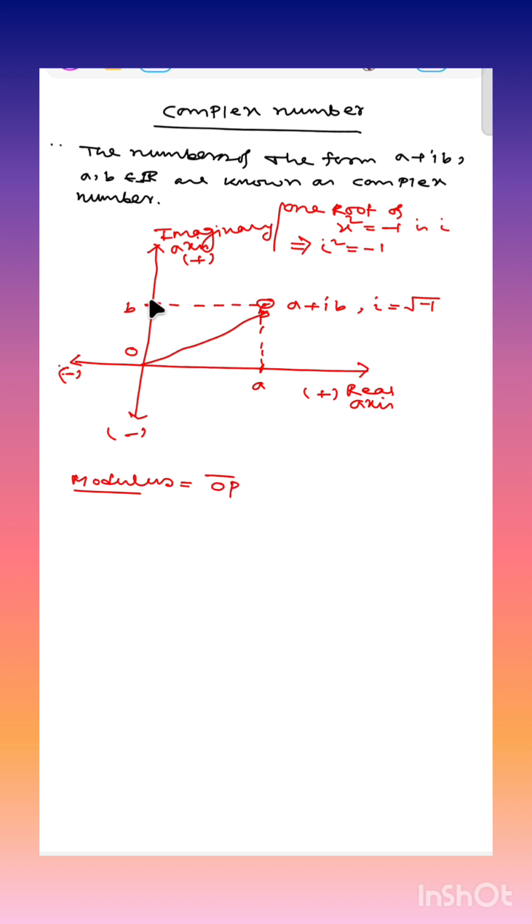Here if it is denoted by m and it is denoted by n, then OP bar is equal to the diagonal of the rectangle OMPN.